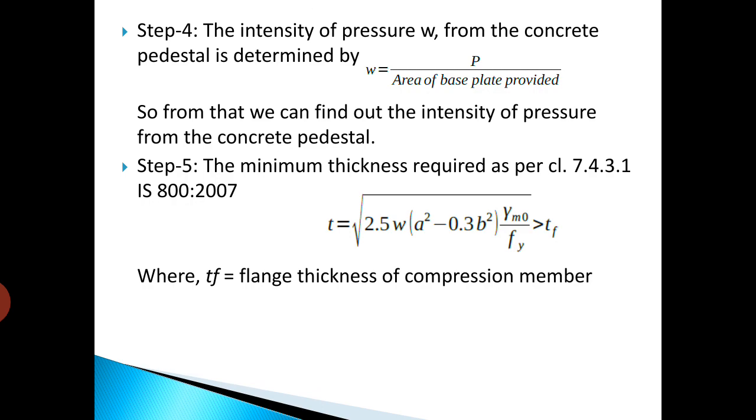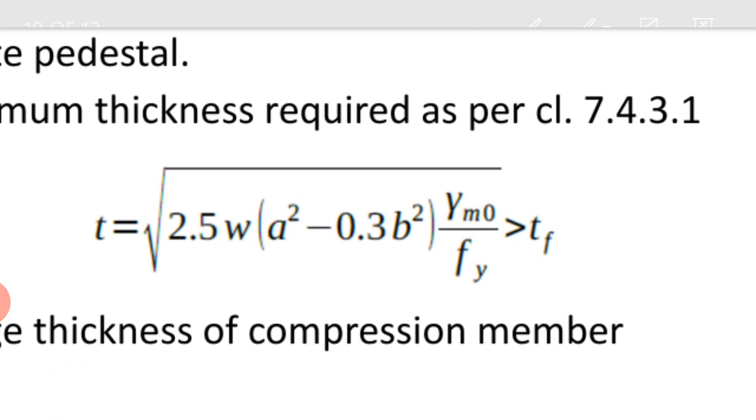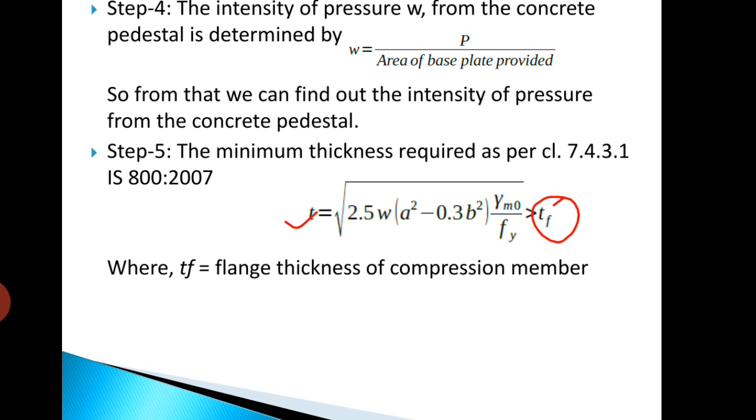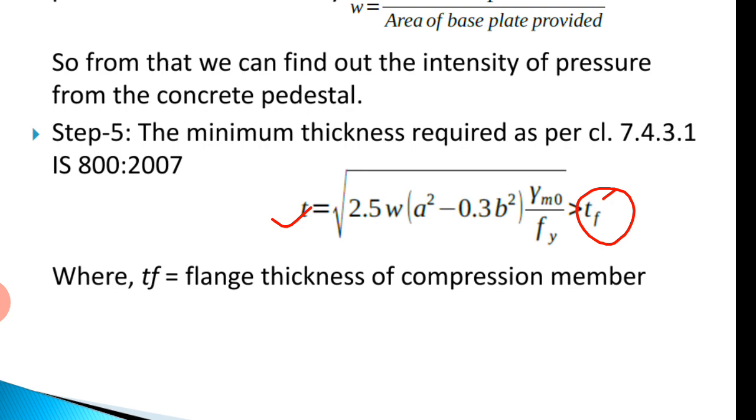You have to check here that it should be more than TF. Whatever thickness of base plate you get, the thickness of the base plate should be more than TF.